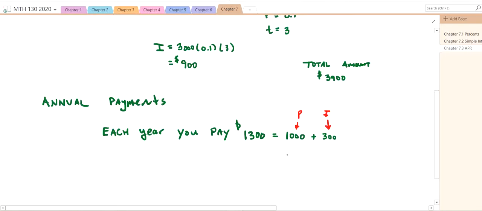Well, that means this is the first year. The second year you do the same thing, another 1,300, and the third year you do the same thing, another 1,300, for a total of 3,900.